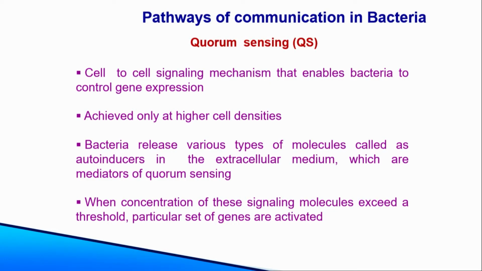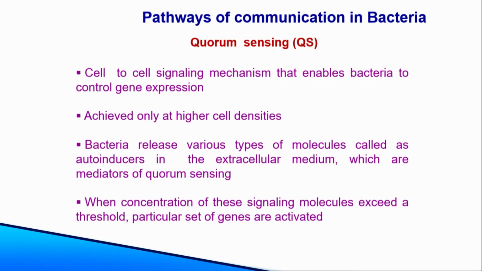In bacteria, the mode of communication is termed quorum sensing. Quorum sensing is a mechanism by which bacteria talk to each other. They talk to each other by means of chemical signals, and then they coordinate and function as a multicellular organism. This is also called cell-cell communication or cell-cell signaling.